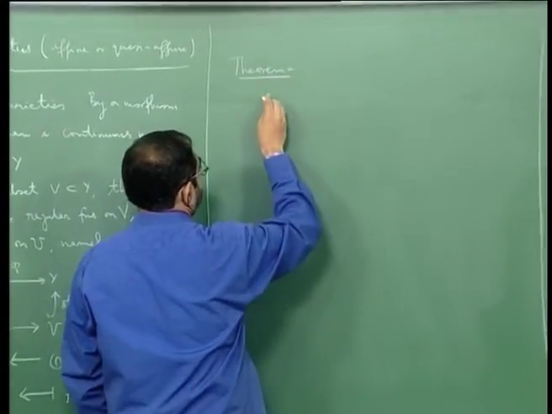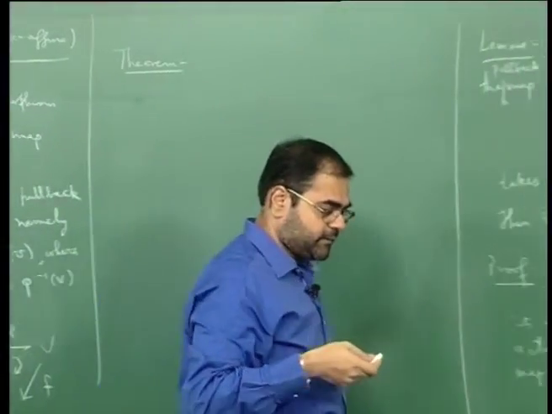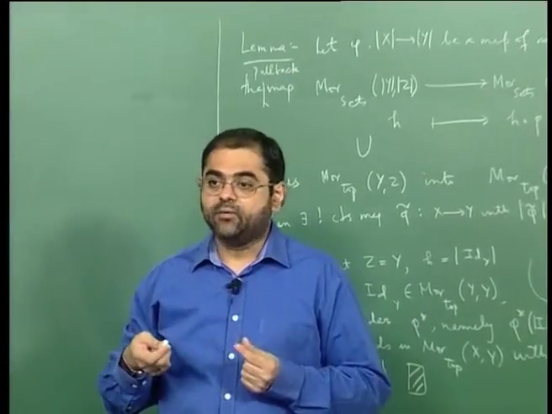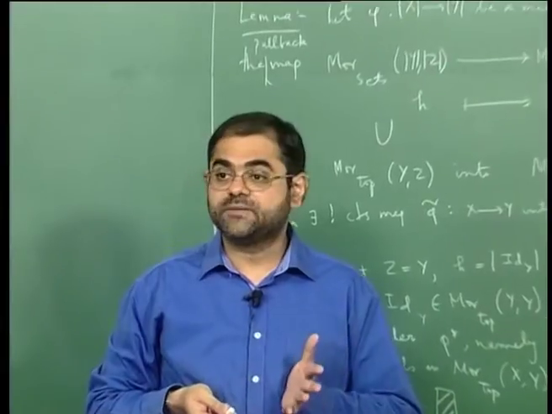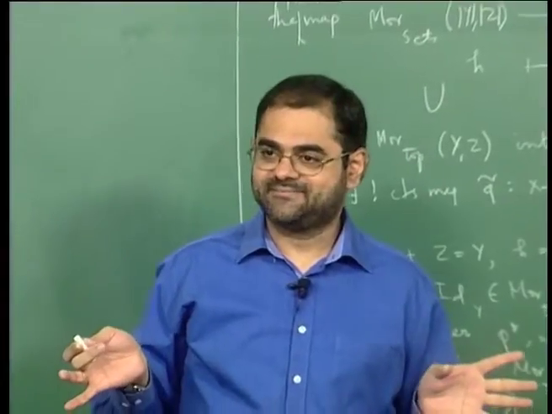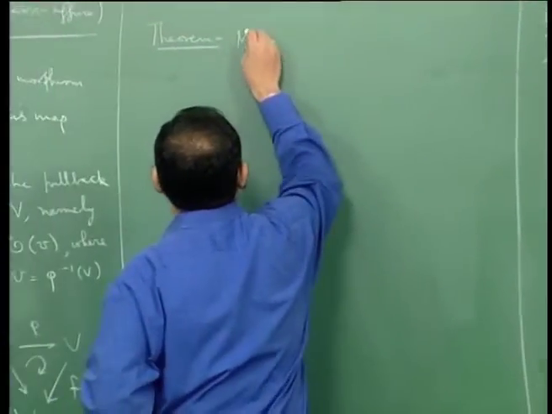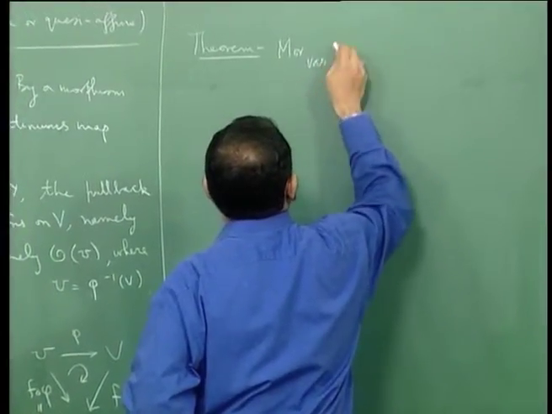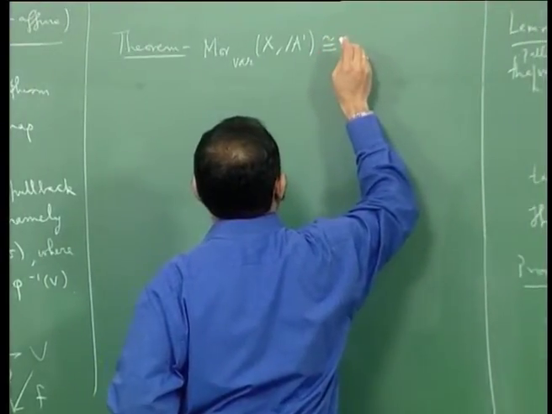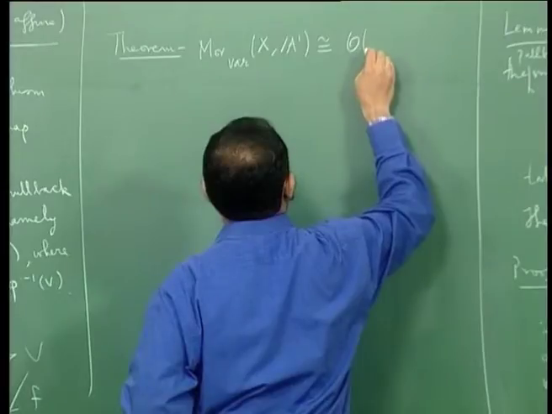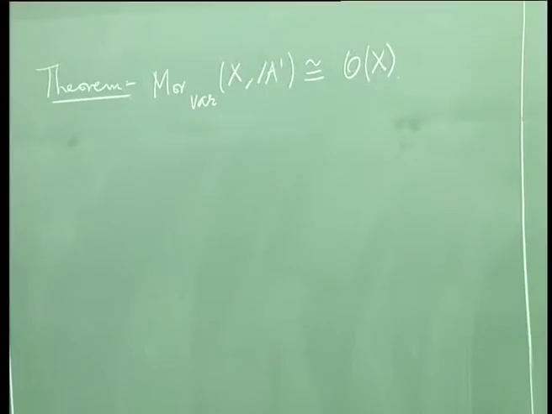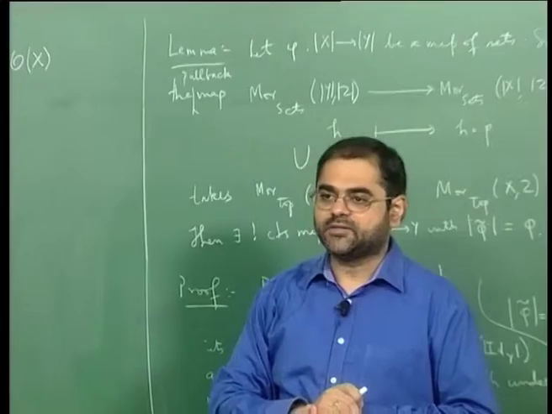The theorem is, if you take a variety X and look at all the possible morphisms into A1, you will get exactly all the regular functions on X. So morphisms of varieties from X to A1 is naturally isomorphic to O_X. So the regular functions are actually morphisms into A1.